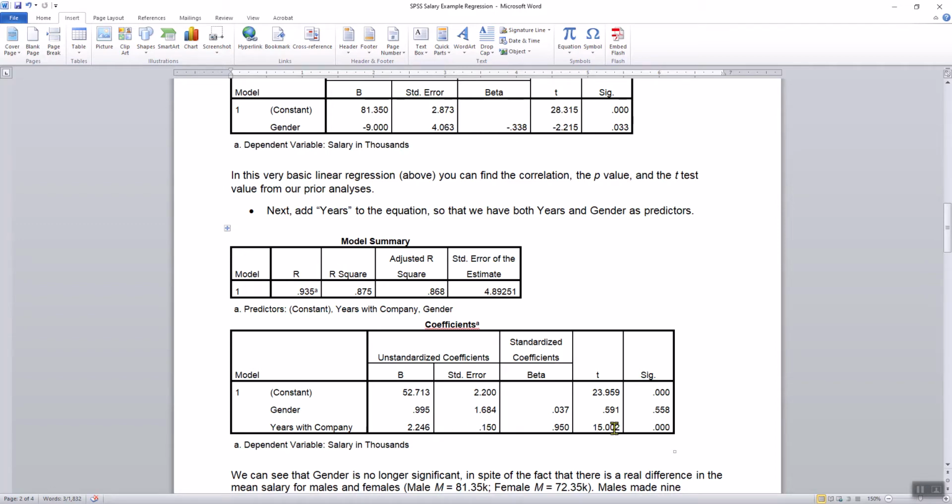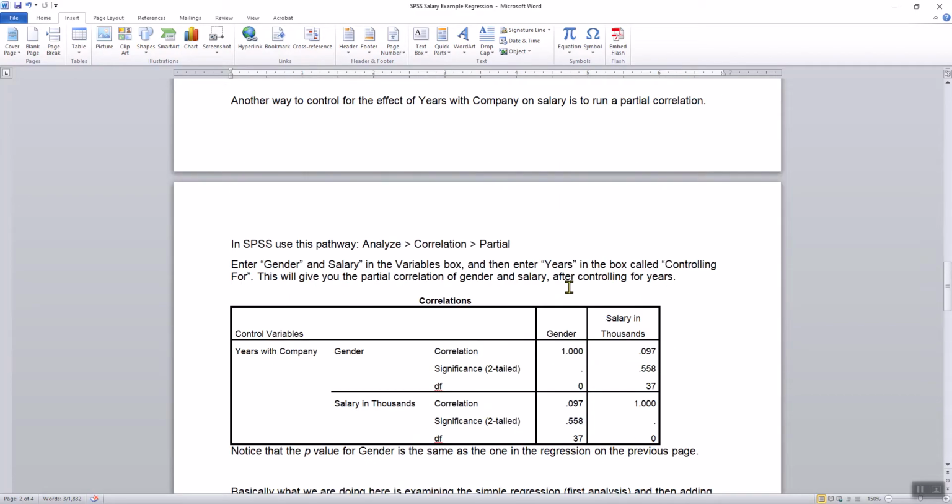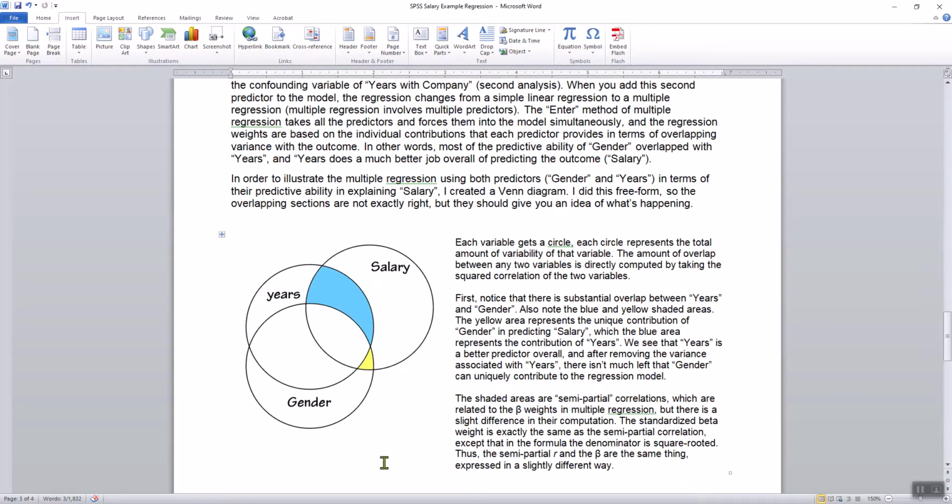And there's the difference in the t-test scores. Notice that I don't have the collinearity statistics on this printout. But I'm going to scroll down, and I've got this Venn diagram here, and I think this can be useful to illustrate what's going on. Let me enlarge this for you.